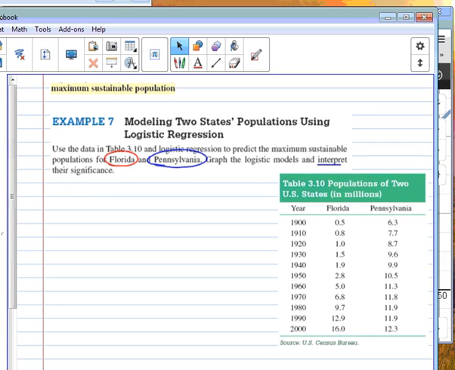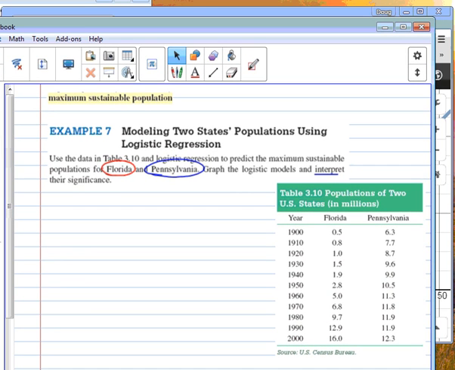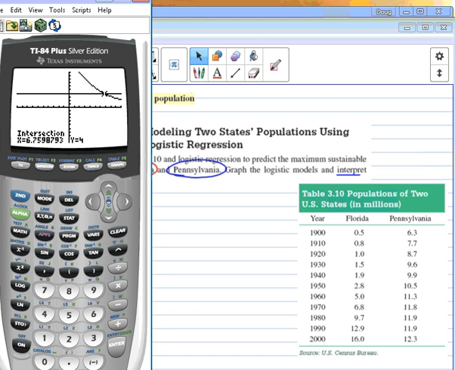So on your calculator, let's go to our stats, and in list 1, let's do 0 through 100 for our years. List 2 make Florida, and list 3 make Pennsylvania.